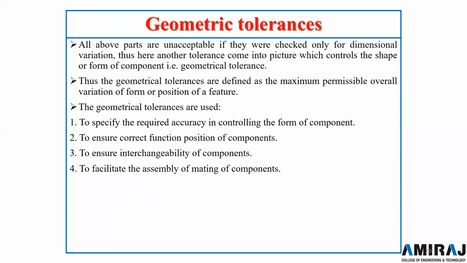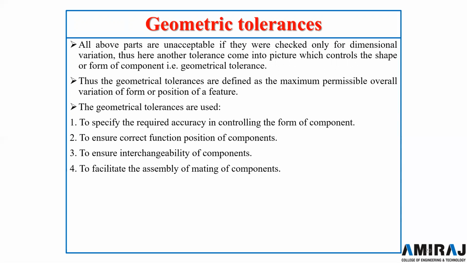All the above parts are unacceptable if they are checked only for dimensional variation. Thus another tolerance comes into the picture which controls the shape and form of the component, that is the geometric tolerance.